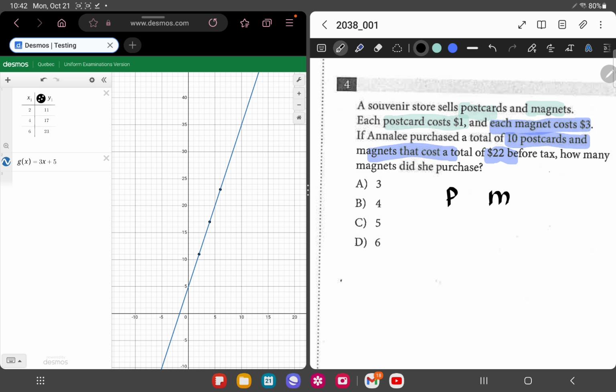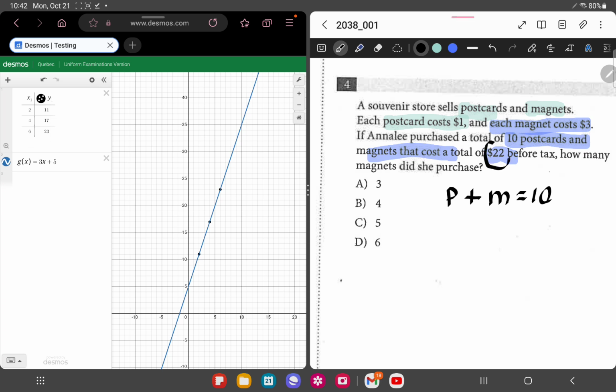I know that because they're giving us enough information to actually go ahead and write an equation. Now, you can see that we have postcards and magnets, and we're going to go ahead and add those 2. You might be asking, why are we adding that? It's because in total, we need to be able to get 10 of those. But we really don't know how many we're going to pick of each, so that's why we need to write a second equation for the second statement that we have here.